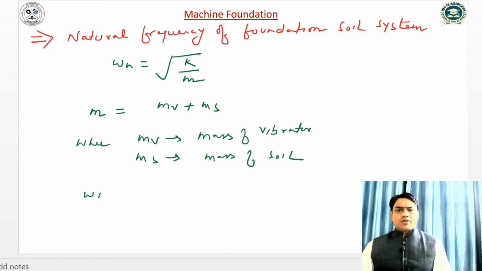So this natural frequency can also be written as square root of K divided by mv plus ms.